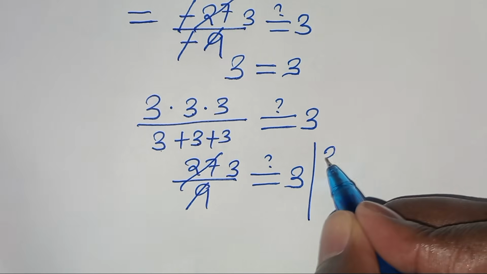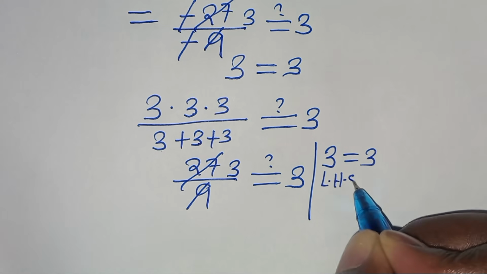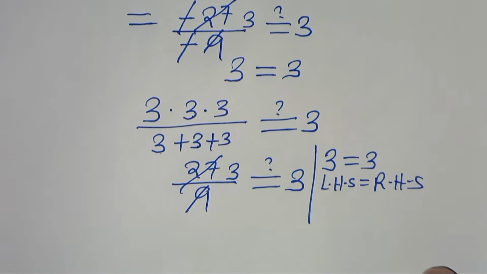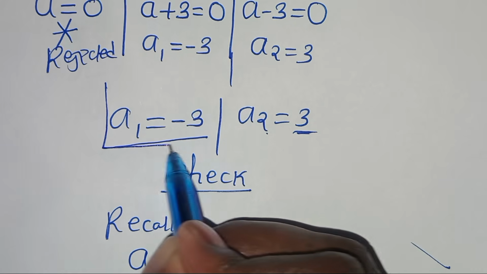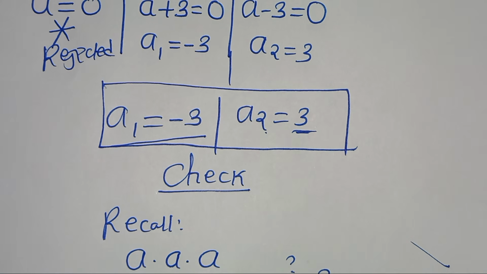So 3 is equal to 3. The left hand side is equal to the right hand side, and this affirms that a2, which is equal to 3, also satisfies the equation. So both a1 and a2 satisfy the equation.